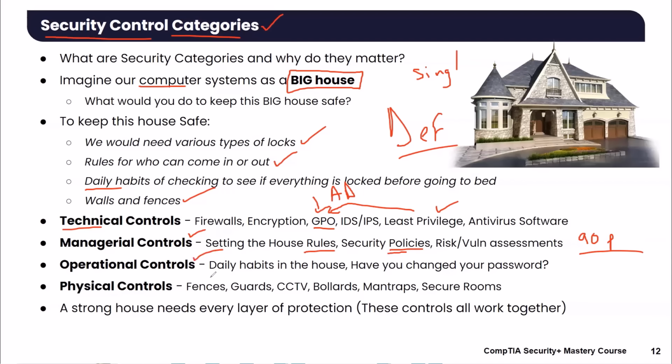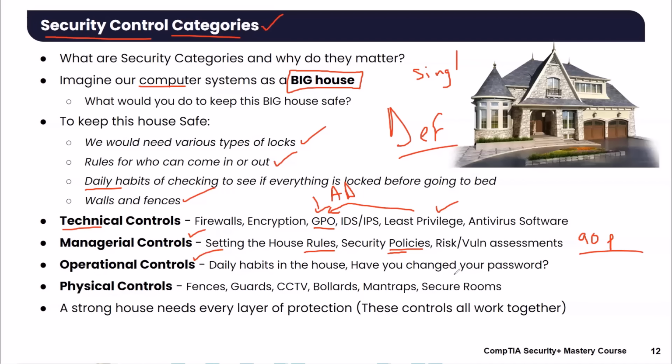Well, these are the daily habits in the house, right? Going in and checking to see if things are locked, going in and checking, making sure everything is still protected. Pretty much everybody's doing what they're supposed to be doing. Well, in security, back to that password policy, we can have a manager going in and asking people, hey, have you changed your password?